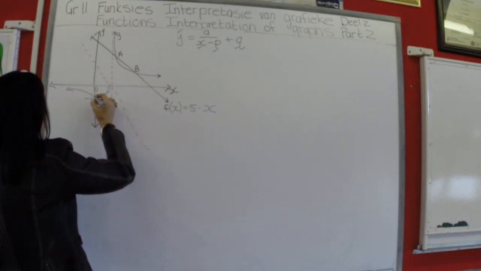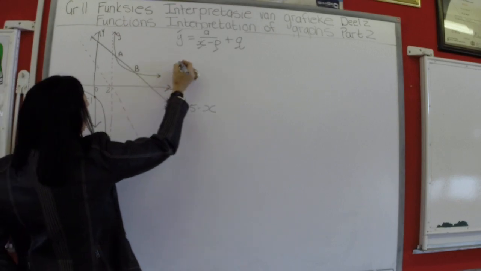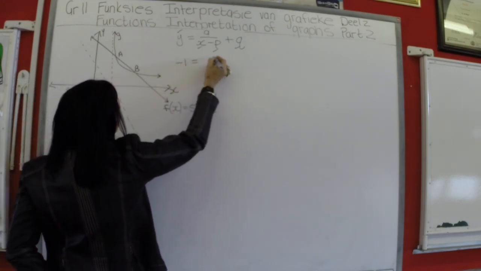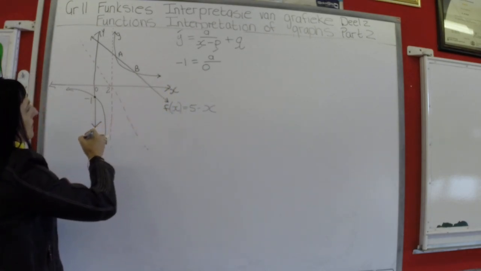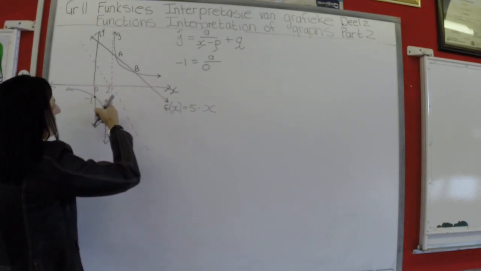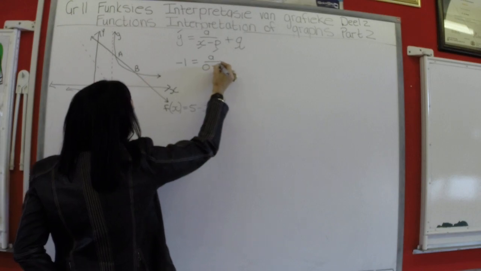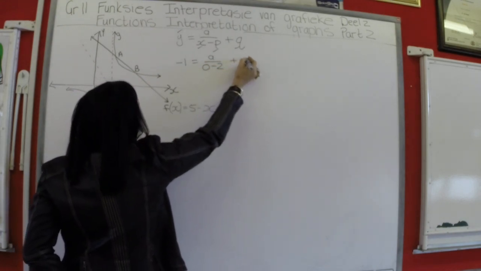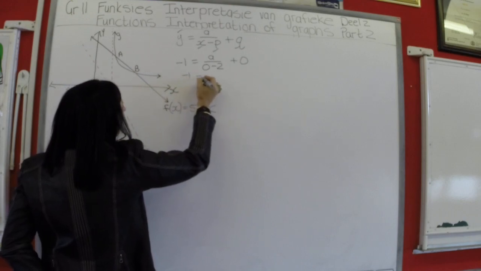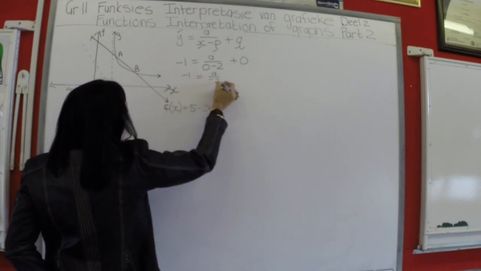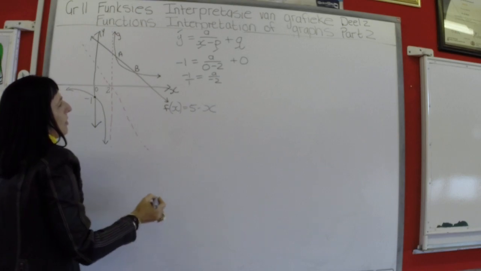So kom ons sit vir ons het die y afsnit van minus 1, en dan is x 0, en ons p waarde, hy het 2 eenhede na regs geskuif, so daarom is dit minus 2 plus 0, want hy het niks op of afgeskuif nie. So let's quickly determine the value of a.